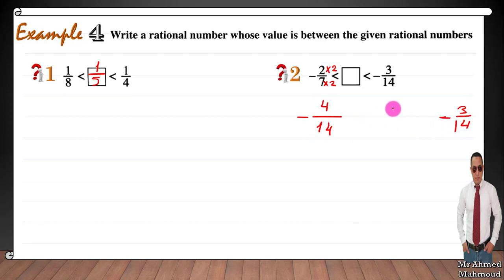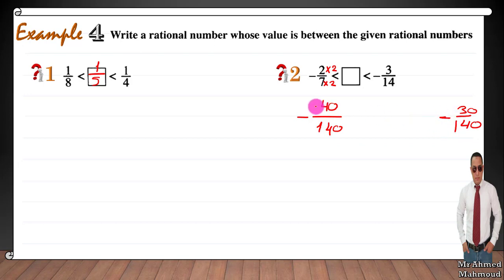Okay, now I need a number between negative 4 and negative 3. There isn't, so I have to do the next step. I'm going to multiply up and down by 10. So it will be negative 40 over 140, and 3 times 10 equals 30, 14 times 10 equals 140.